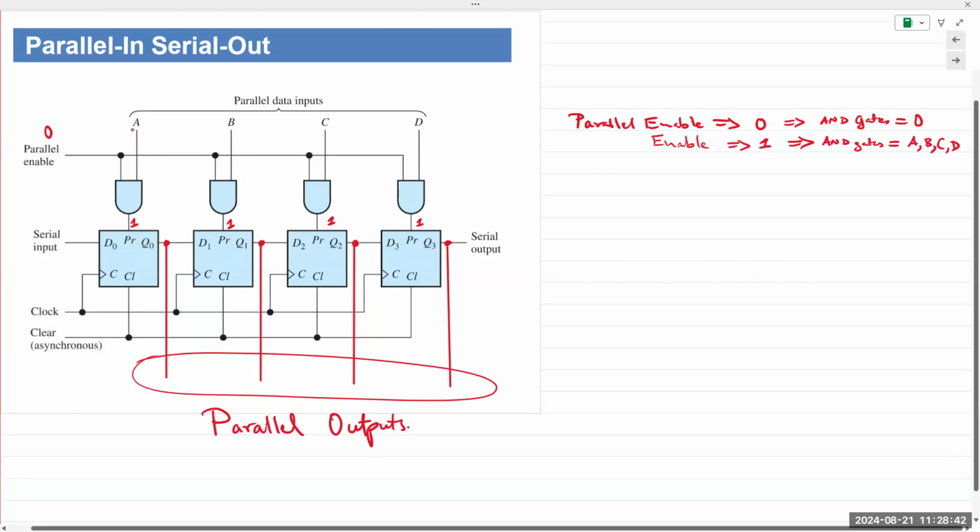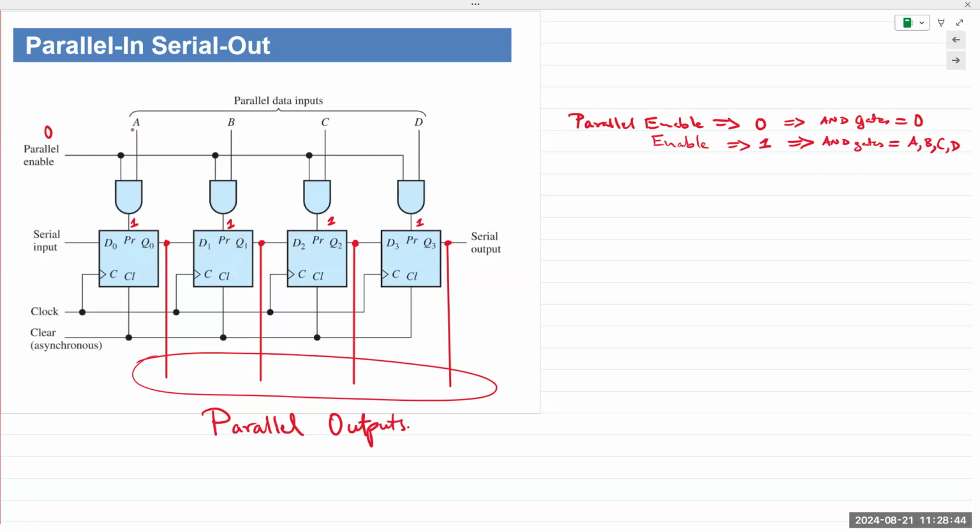If parallel enable is 0, it doesn't matter what values A, B, C, D have. The output of the AND gates will all take 0 values. If parallel enable is 1, then the output of the AND gate takes the values of A, B, C, D.